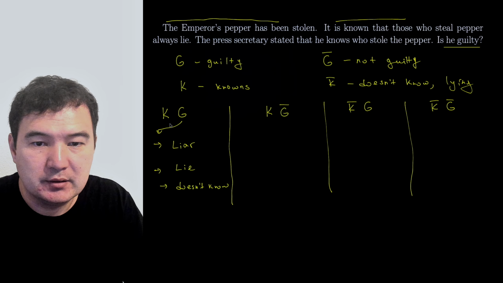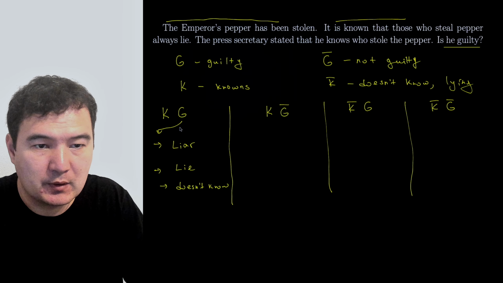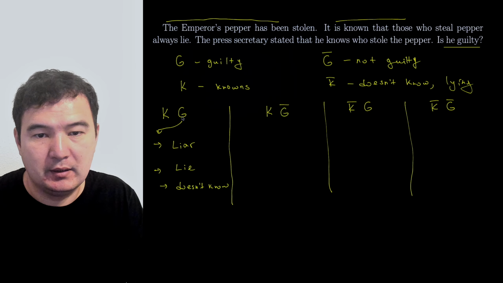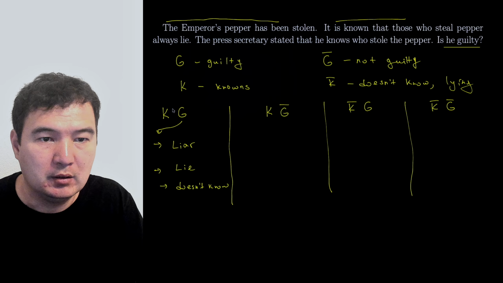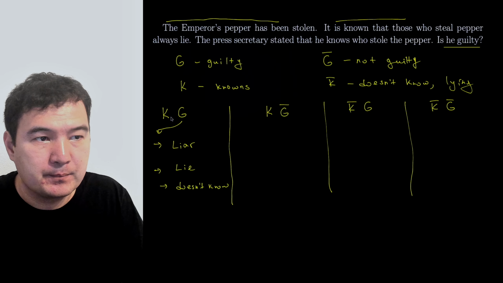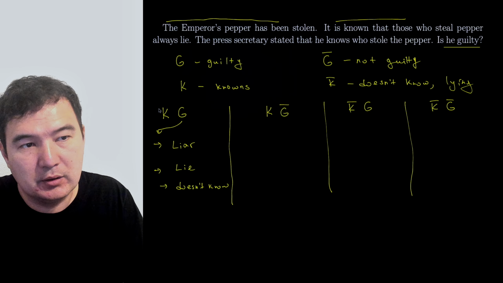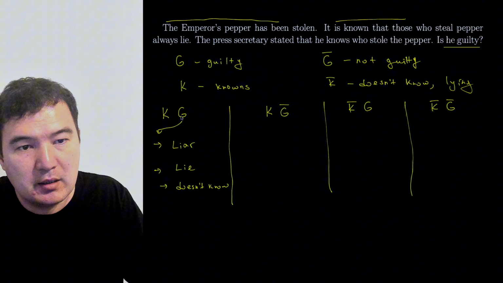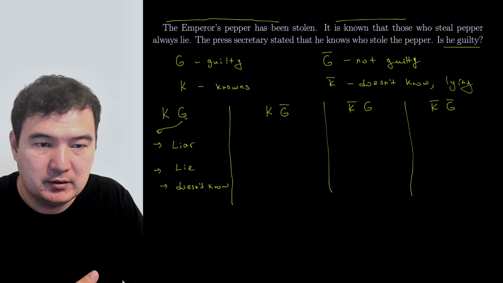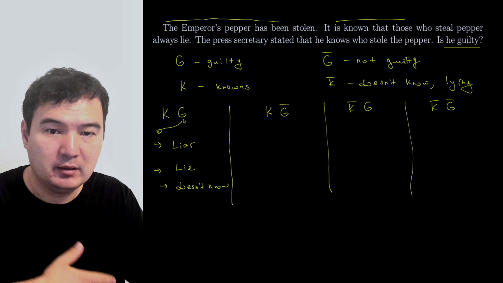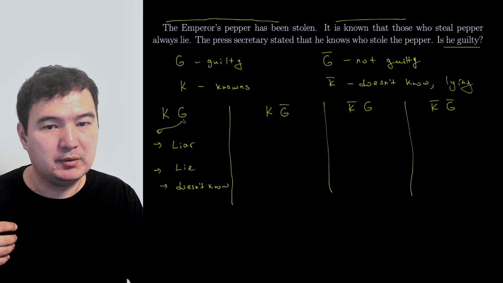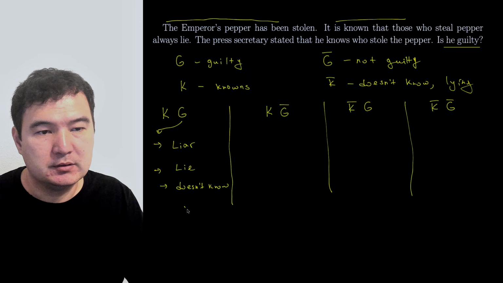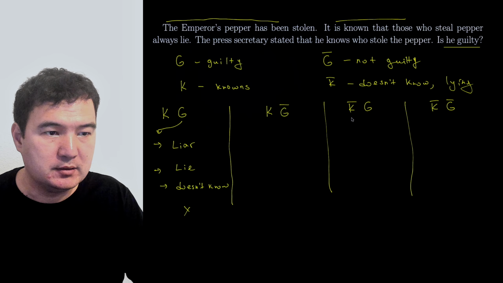So this combination is not possible. If the secretary is guilty, it's not possible that he knows who stole, because he knows since he is the thief, so he should be lying, but he's not lying. So this is not a possible scenario.